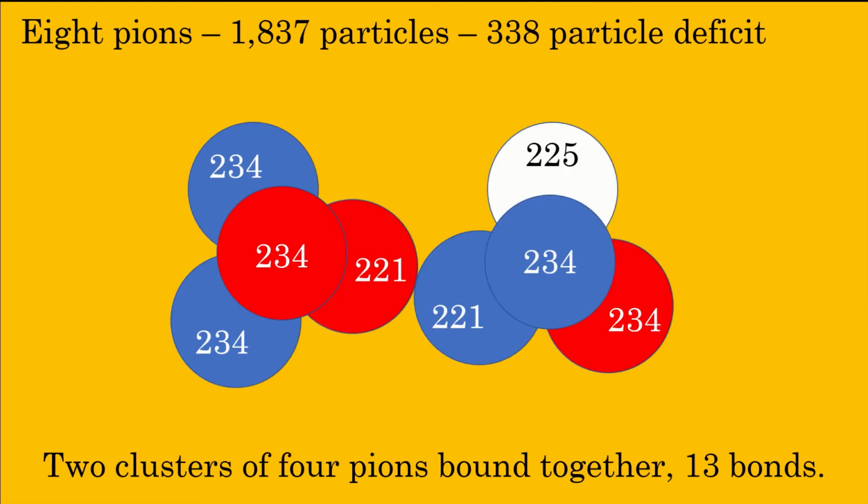Then, if a final bond sharing 26 electrons and positrons bound the 2 clusters together, the total electron-positron deficit is 338, and the resulting pion cluster contains 1,837 electrons and positrons.